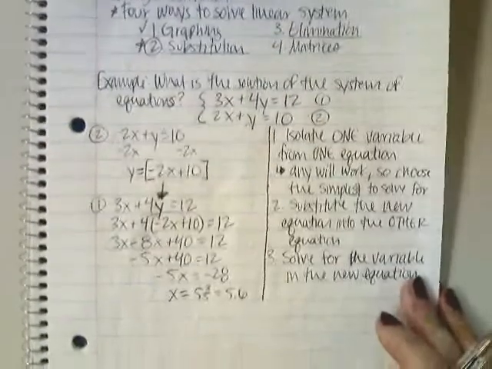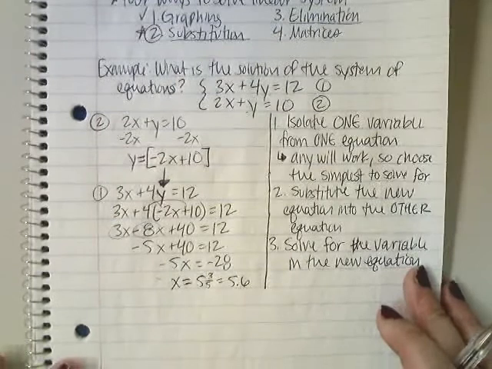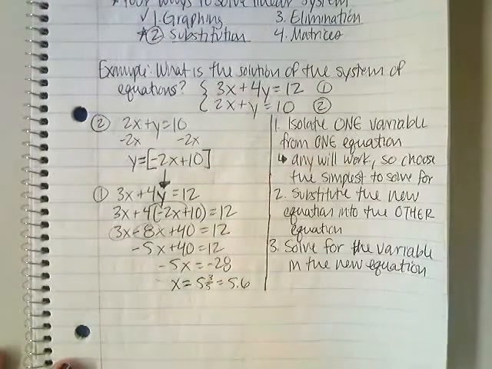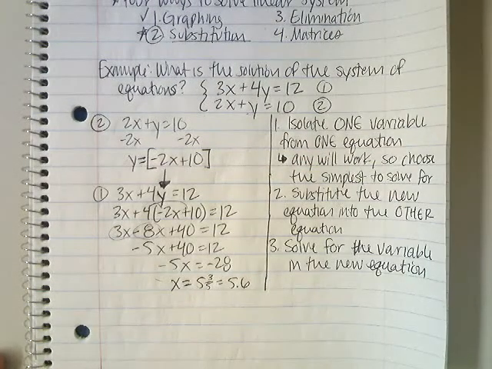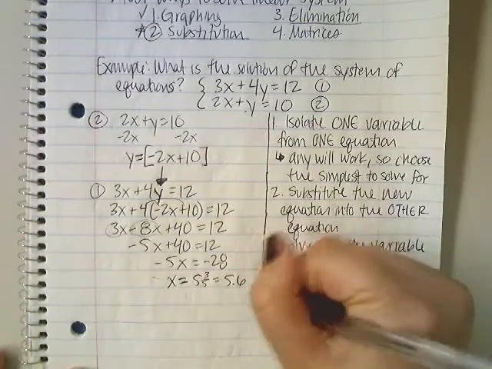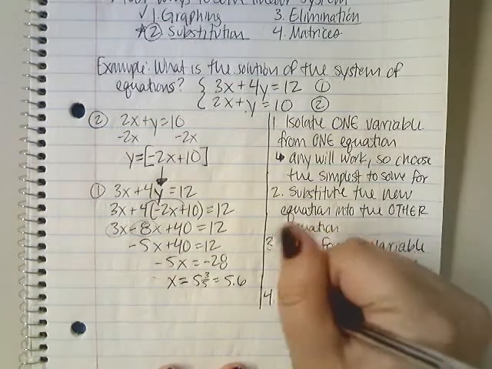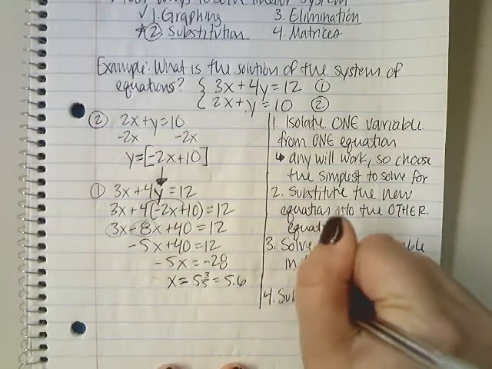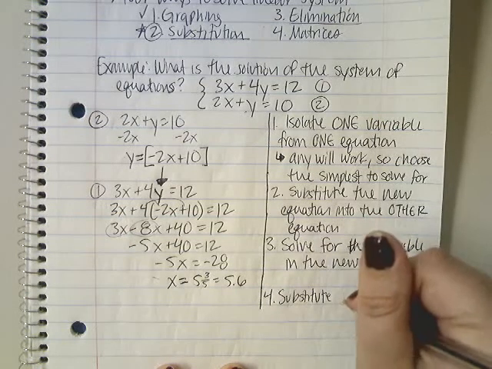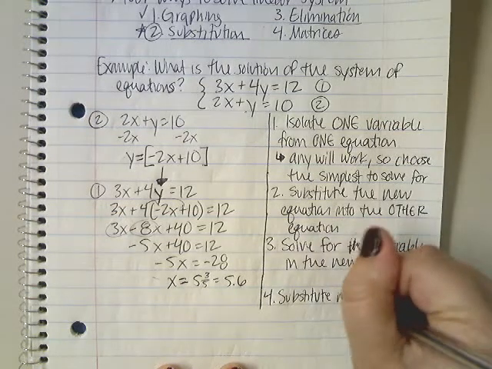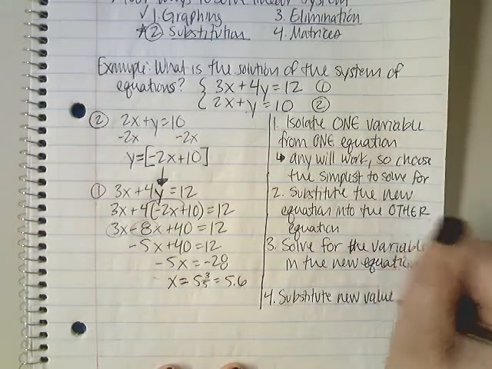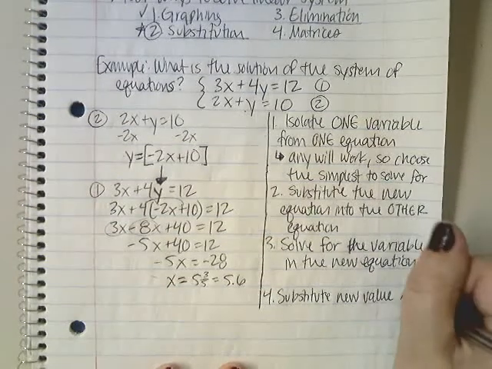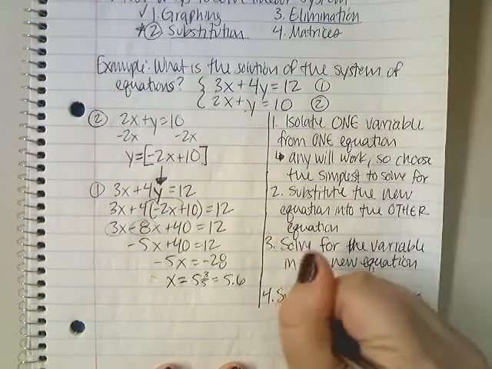I've solved for one of my variables, but I know I'm looking for both an x and y value, so now I need to solve for my other coordinate, the y value. The way I'm going to do that in step 4 is to substitute the new value into one of the original equations.